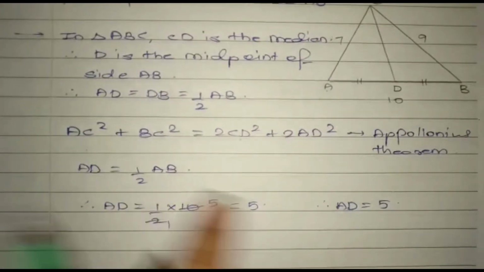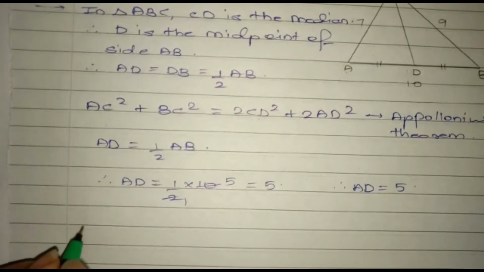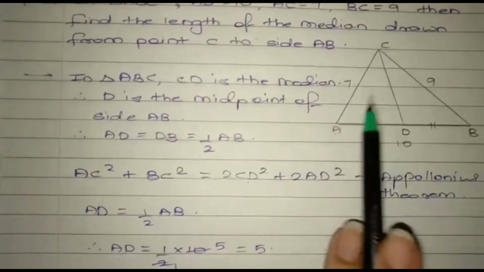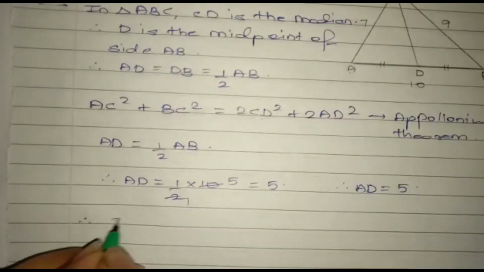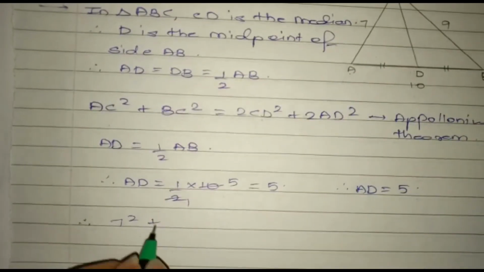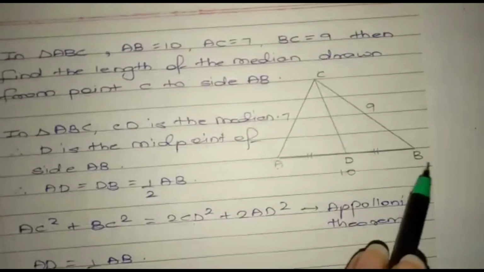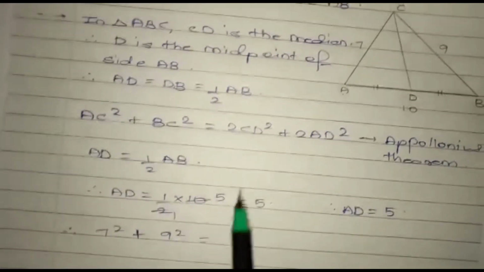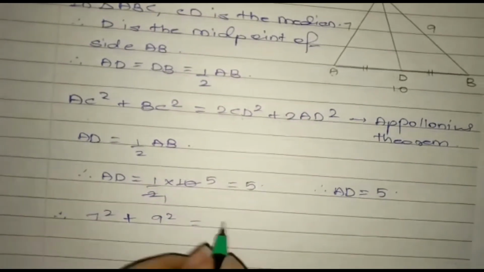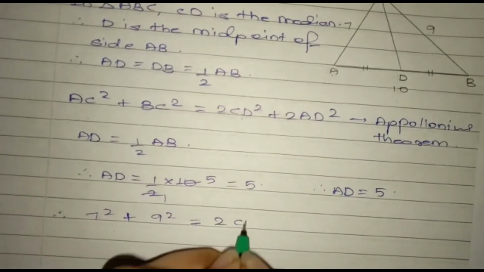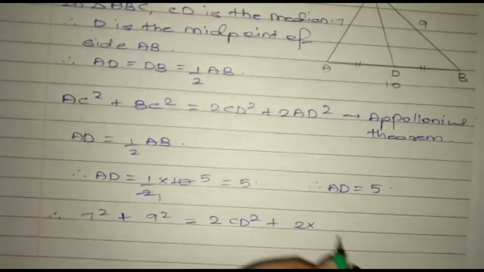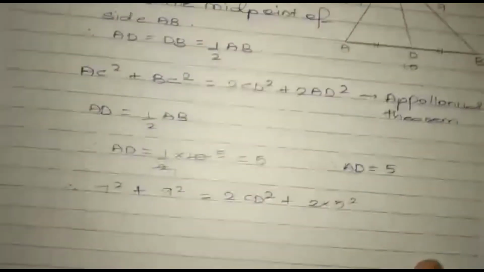Now we'll put the values in this statement. Therefore AC square, AC is 7, so 7 square, plus BC square, BC is 9, so 9 square, is equal to CD square twice, since we have to find CD we keep it as it is, plus 2 into AD, which is 5, so 5 square.